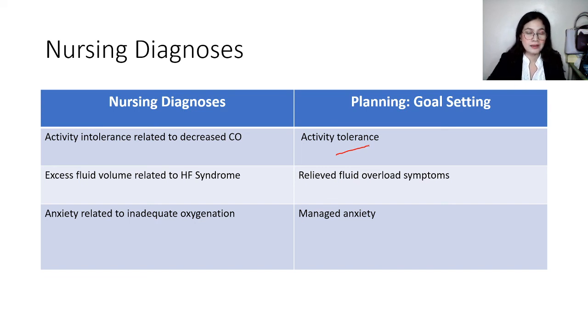And then excess fluid volume related to heart failure syndrome. Here, after nursing intervention, the patient will be relieved from fluid overload symptoms. And then anxiety related to inadequate oxygenation. After nursing intervention, the patient will be able to manage his or her anxiety.